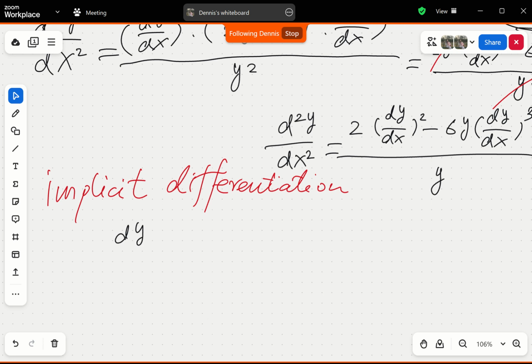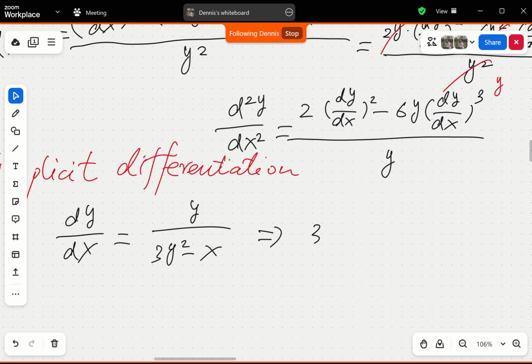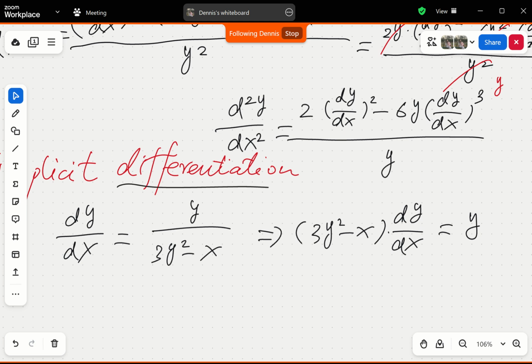Since dy with respect to x is already given as y over 3y squared minus x, we can multiply each side by this denominator, 3y squared minus x. So the left hand side would be 3y squared minus x times dy with respect to x equals y. And then we take the differentiation operator to each side.